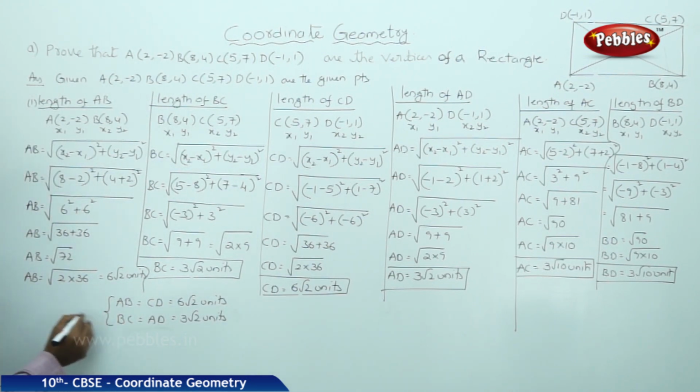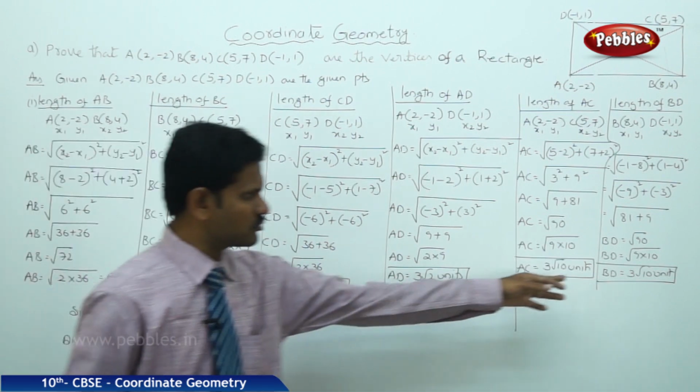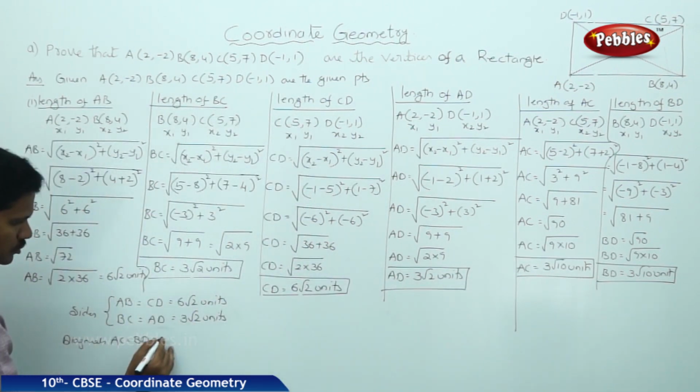These two are the sides. Next, diagonals AC is equal to BD is equal to 3 root 10 units.